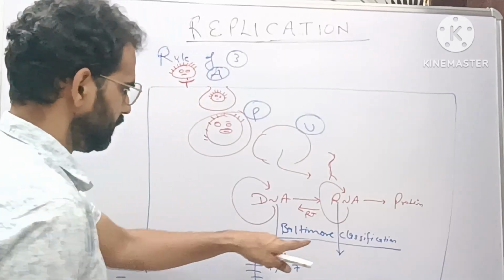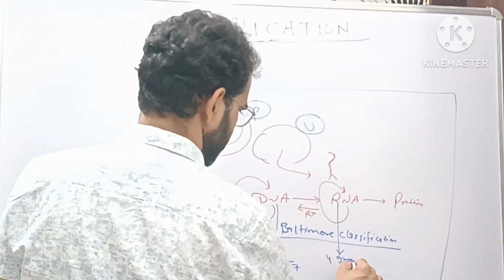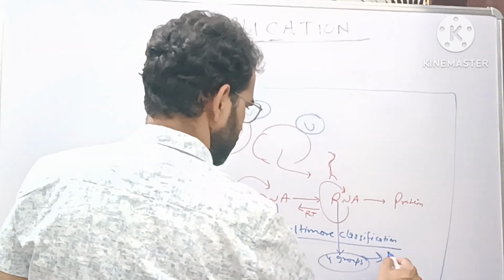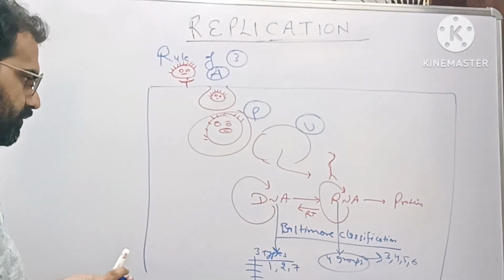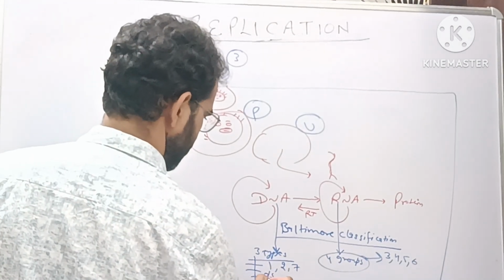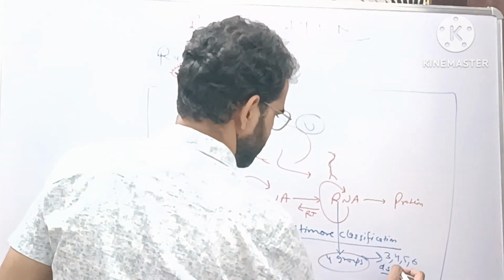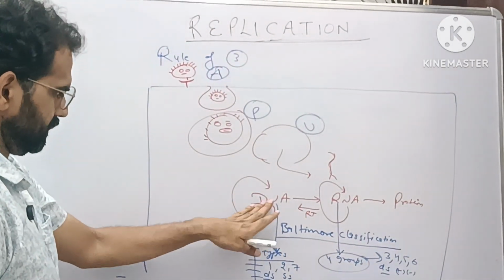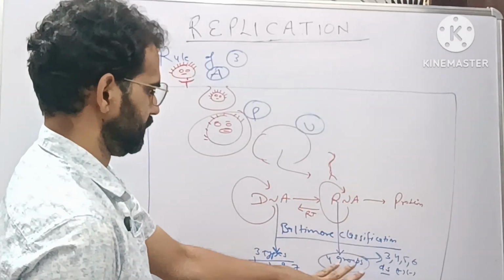And for RNA, as per the Baltimore classification, there are 4 groups, and these 4 groups are 3, 4, 5, 6. In which double-stranded DNA, single-stranded DNA, here double-stranded RNA, plus sense, negative sense RNA. So these are the DNA viruses and these are the RNA viruses groups.